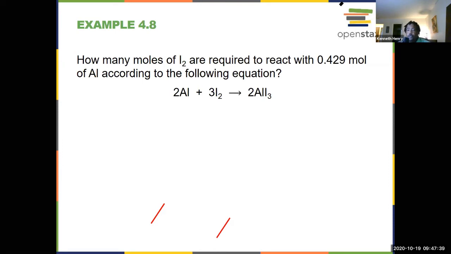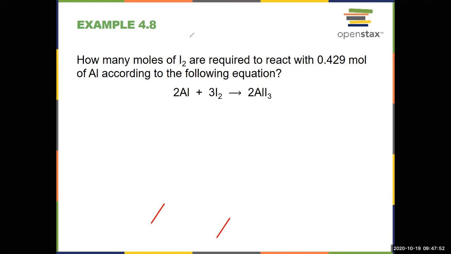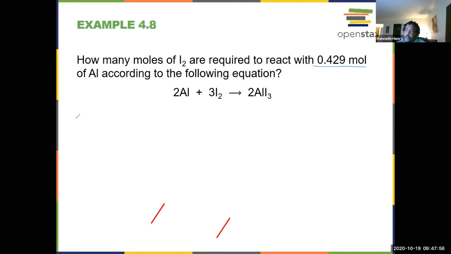So what am I going to do? What is my given? 0.429 moles of aluminum. Okay, so we have 0.429 moles of aluminum. Guess I should put the units there.